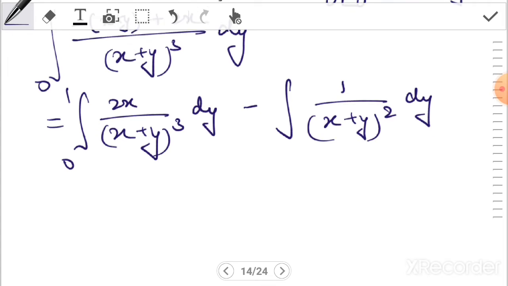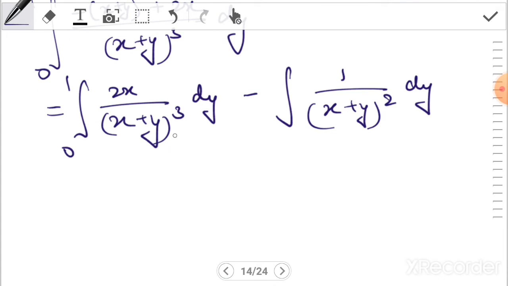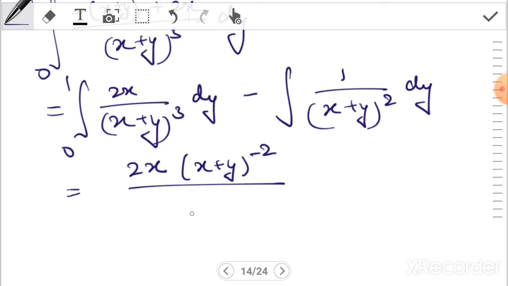Now integrating this, we have two x plus y whole power minus 2 and minus 2, and integrating this you will get x plus y minus 1 by minus 1.